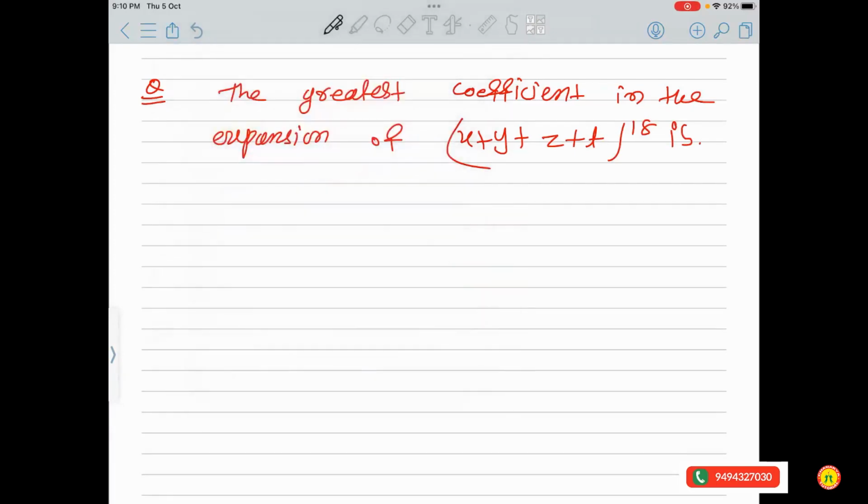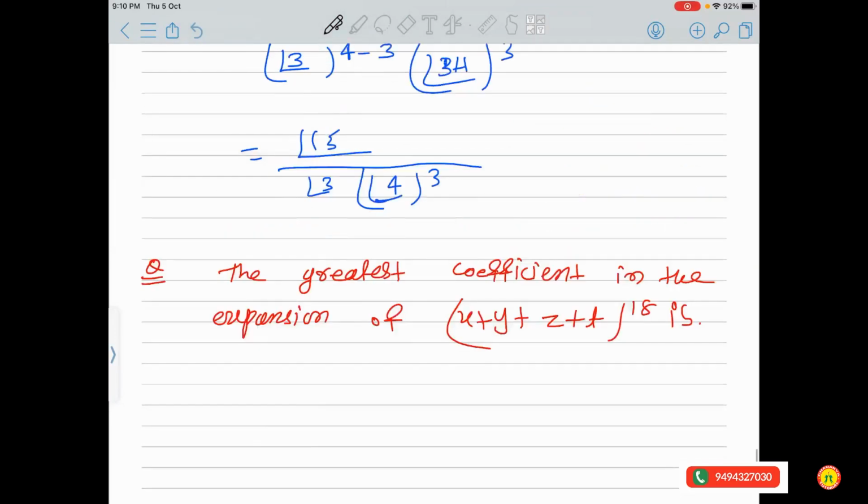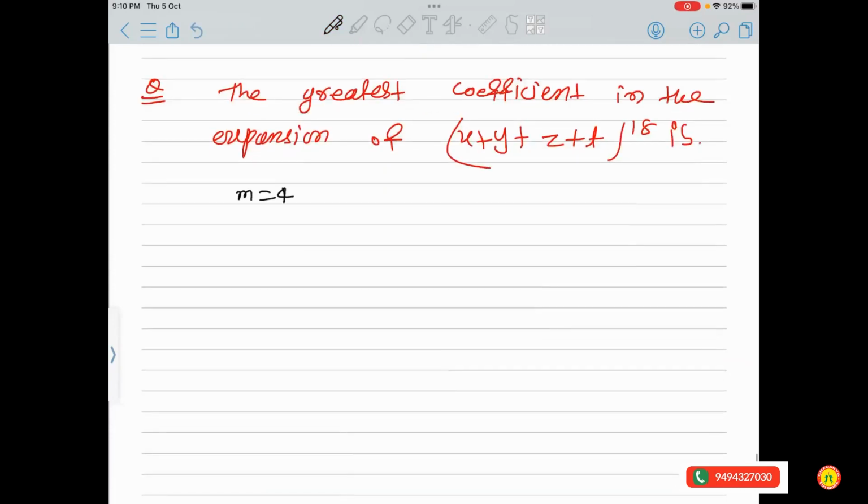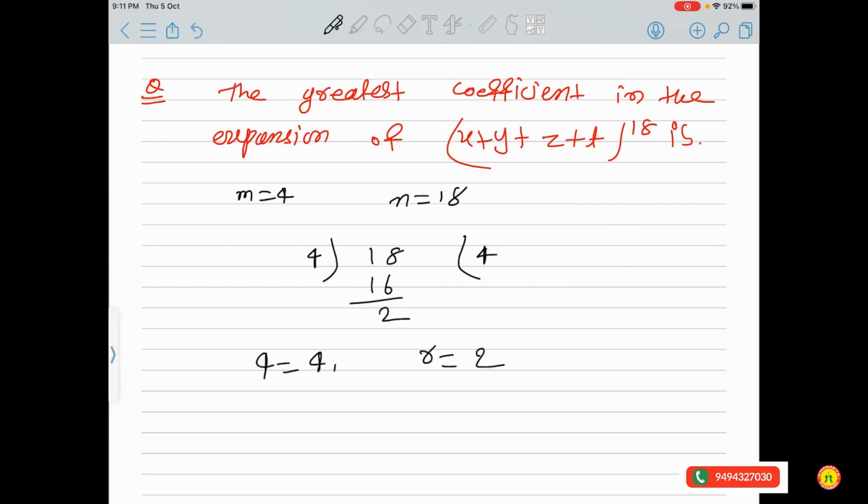I am asking the m value. x plus y plus z plus t, four different terms, so m is equal to 4. And n is equal to 18. Good. You need to find q and r. 18 divided by 4: the quotient is 4, 16, remainder 2. So q is 4 and r is 2.